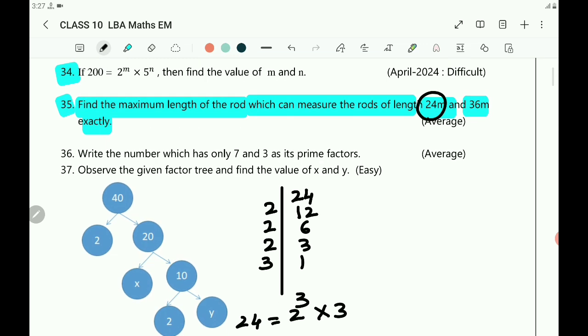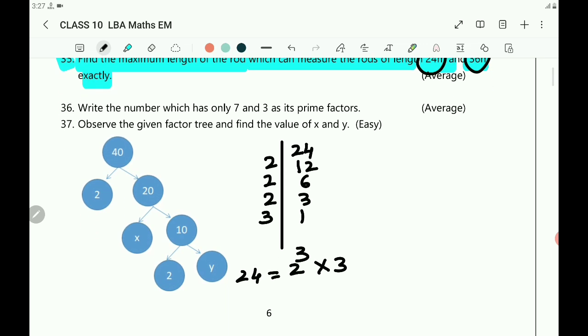The next number is 36. Factorize it. 36. You know that 36 is an even number. It is divisible by 2. 2 1s are 2. 1 is remaining. 1 6 means 2 8s are 16. 2 18s are 36. Again you can divide by 2. 2 9s are 18. Then 9 is not divisible by 2.